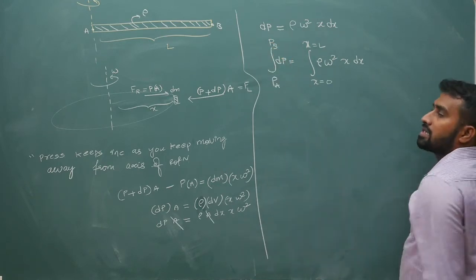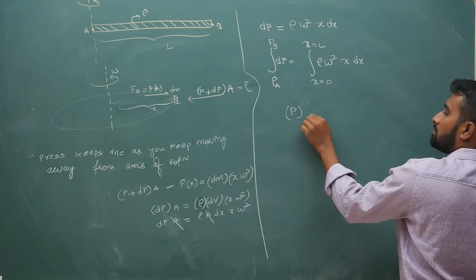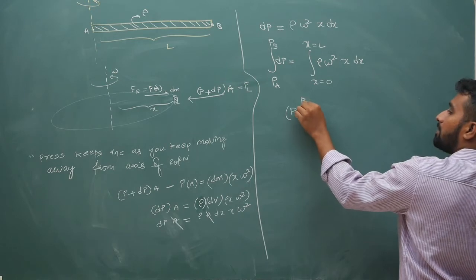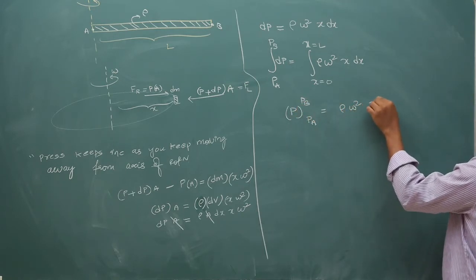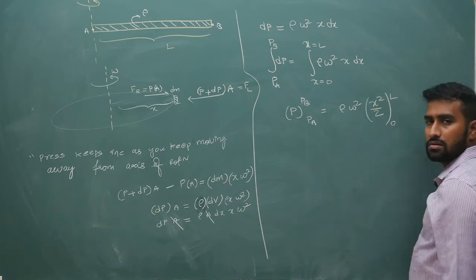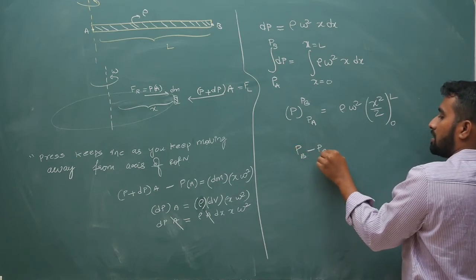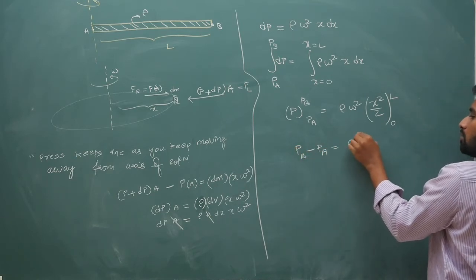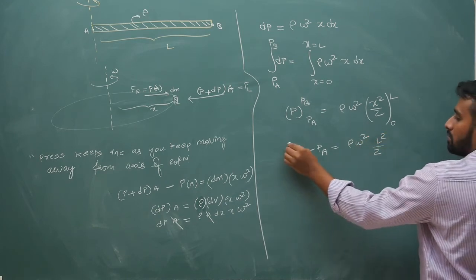Integral of dx is x, integral of dP is P. So P from PA to PB is equal to rho omega square times x square by 2 from 0 to L. That will give you PB minus PA is rho omega square L square by 2.